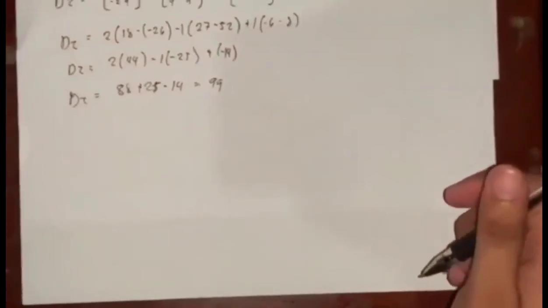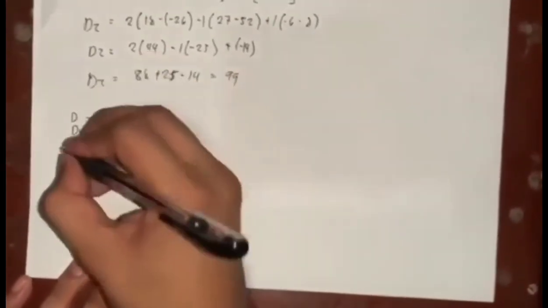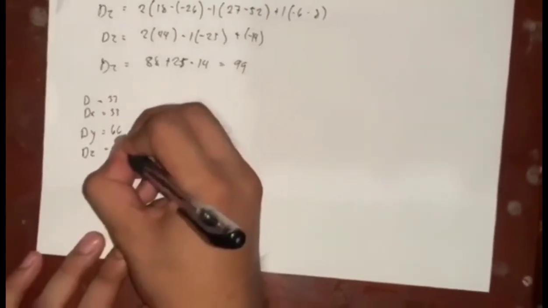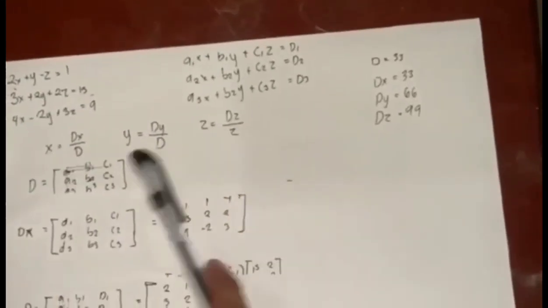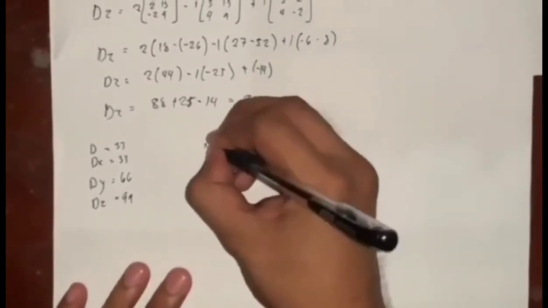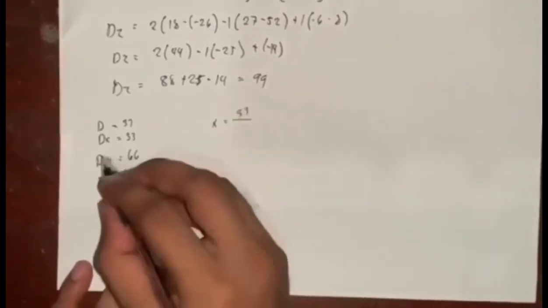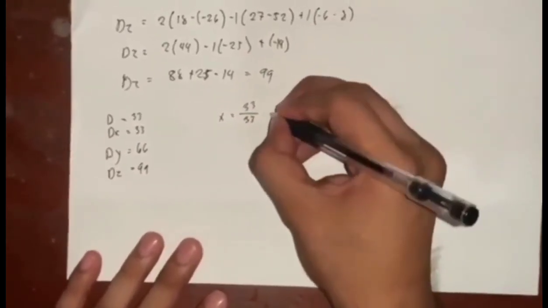Now that we have the value of d is equal to 33, dx is equal to 33, dy is equal to 66, and dz is equal to 99. Now we will use this formula to get the value of x, y, and z. First, x is equal to dx, which is 33, over d, which is 33. 33 divided by 33 is equal to 1.